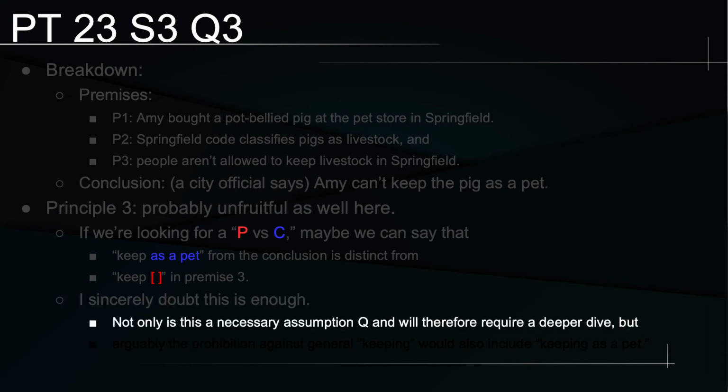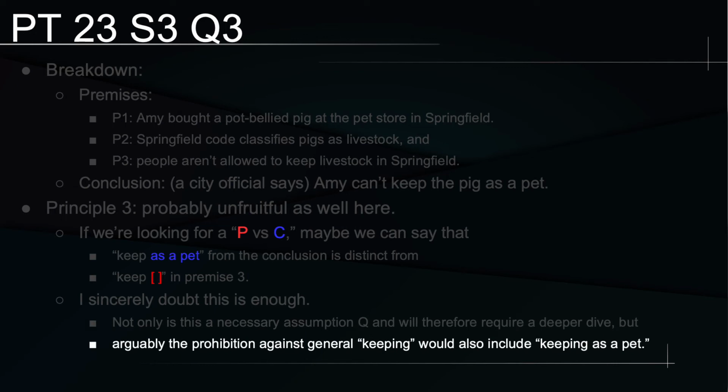Not only is this a necessary assumption question and will therefore require a deeper dive, but arguably the prohibition against general keeping in premise 3 would also include keeping as a pet from the conclusion. So the generalized term keeping probably includes the prohibition of keeping things as pets, so I don't really think this P versus C possibility is going to go anywhere.